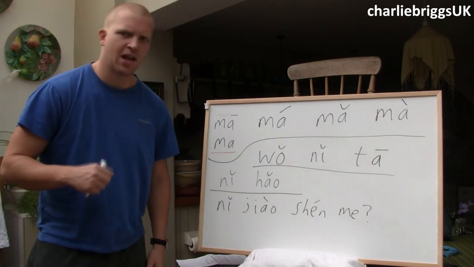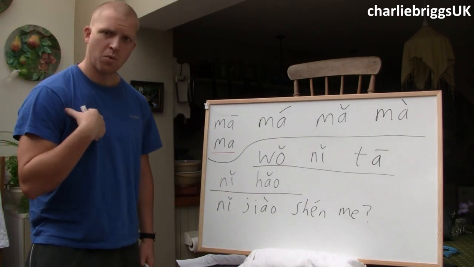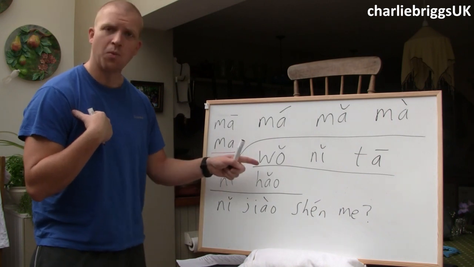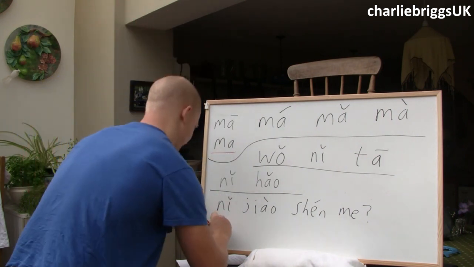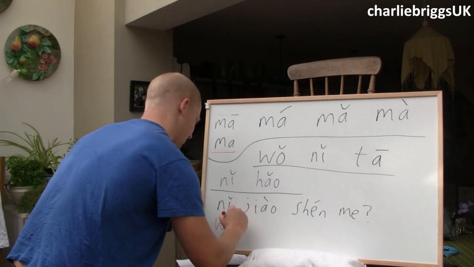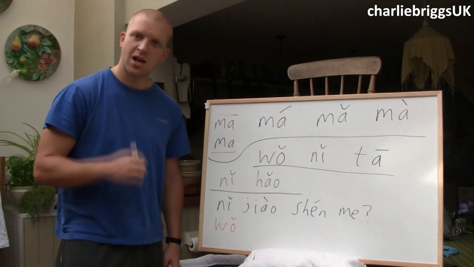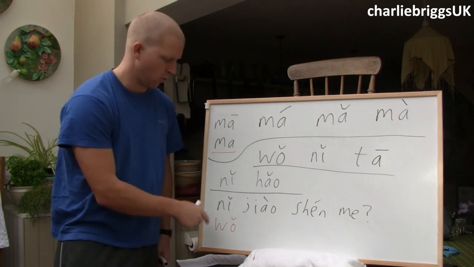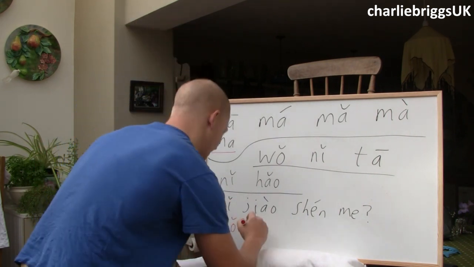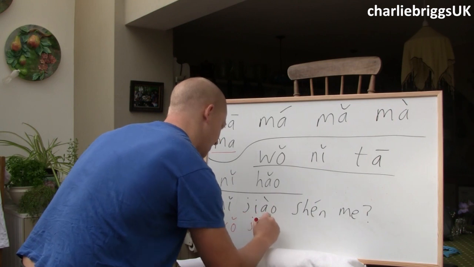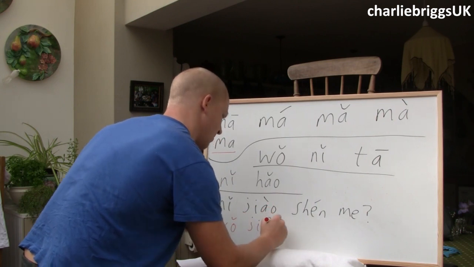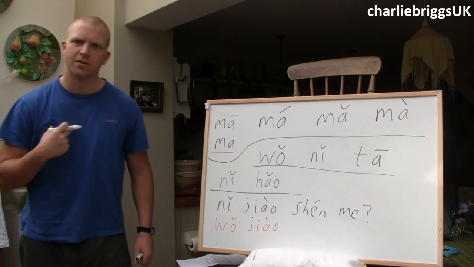See if you can think what the response would be to this question. So the response would be I, 我. I am called, 我叫. 我叫 Charlie.